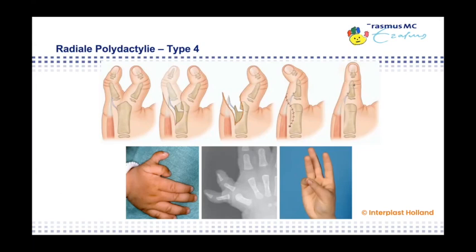There is also a deviation in the IP joint. So you have to address the radial collateral ligament, the position of the metacarpal, and often also the position of your IP joint, so you have to do an osteotomy of your basal phalanx.